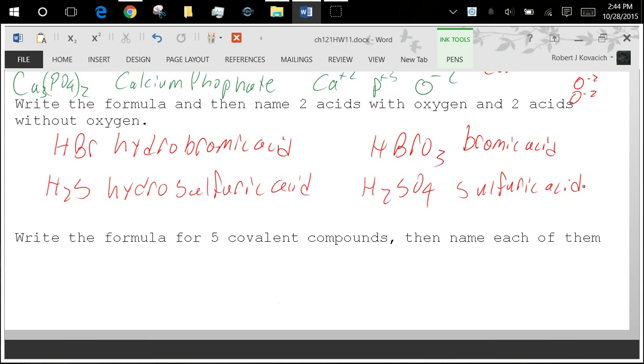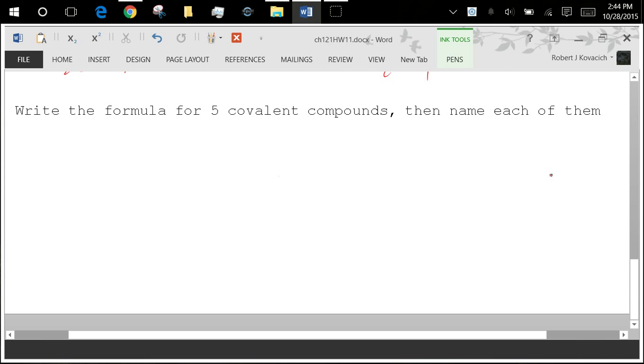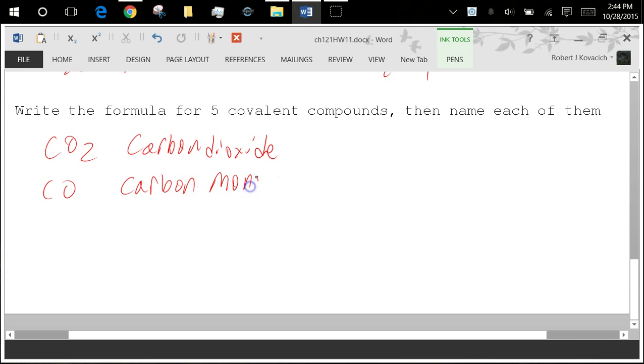Write down 5 covalent compounds. All right, so give me a covalent compound. CO2. Carbon dioxide. Next. CO. Next. Okay.